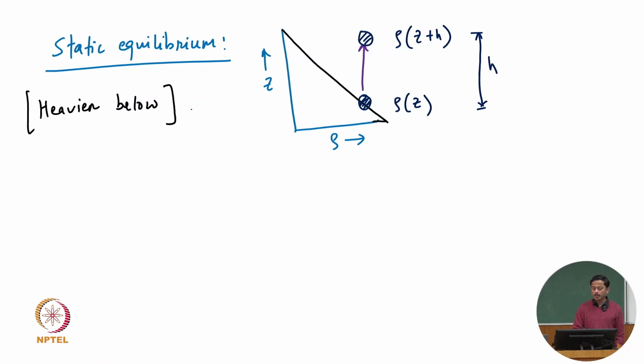So we are taking a parcel of fluid, liquid water or air, from one height to another height, z plus h.